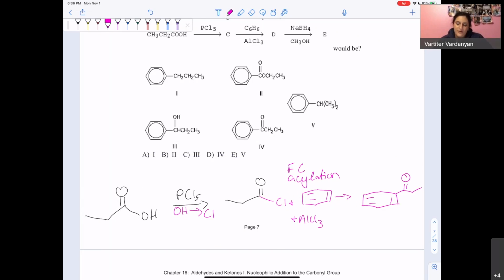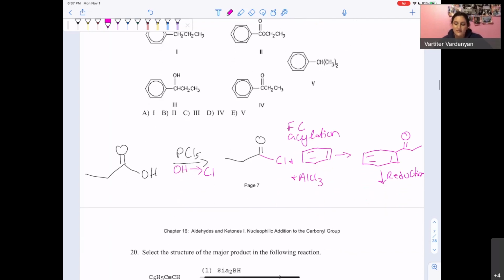All right, so at this point, we're reacting with NaBH4. So not a Grignard, but what kind of reaction? Reduction. So NaBH4 will reduce a ketone to what?